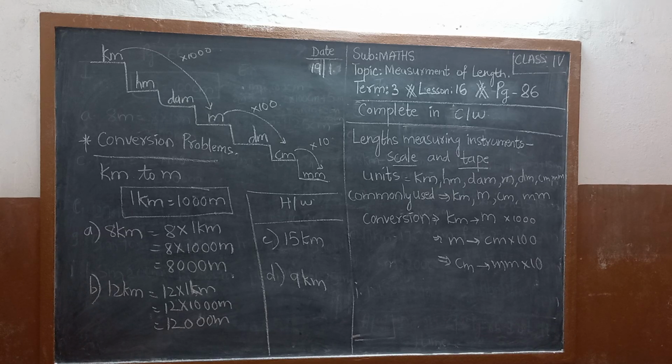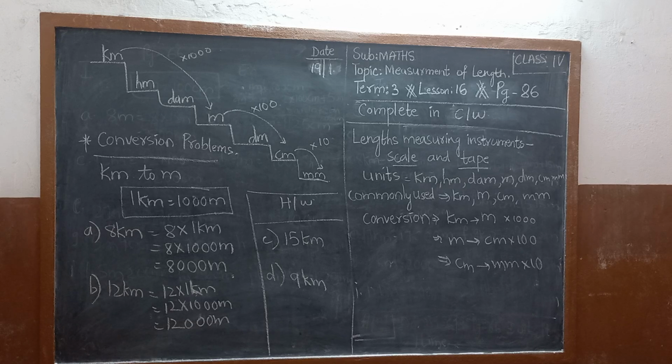Then where will we find millimeters? We find millimeters to measure very small lengths, like a goldsmith measures. Small bindis also we measure, yeah, little small things we measure in millimeters.